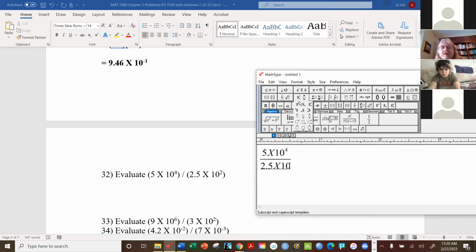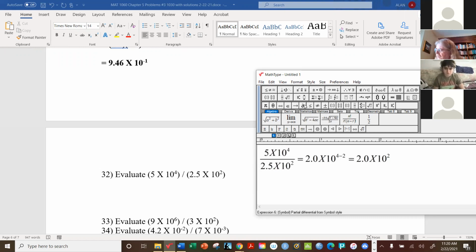So basically what you're doing is you are dividing out the constants and then you're using the quotient rule on the exponents. So in other words, I have 2.0 because this is 5 over 2.5. Now the exponent is 10 to the 4 minus 2, which is 2.0 times 10 squared.